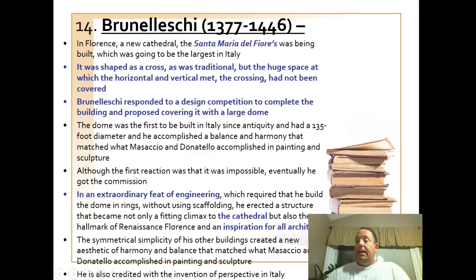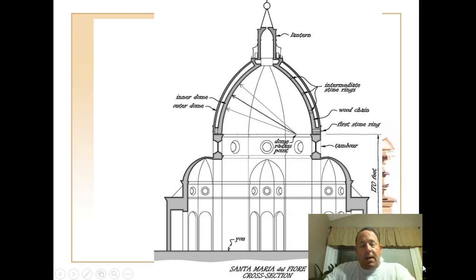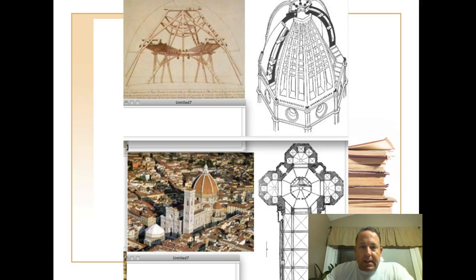He is able to do that. He succeeds, he wins the contest, and he sets to it, and it is an impressive engineering and architectural feat, to say the least. It kind of dominates all the other buildings in Florence.